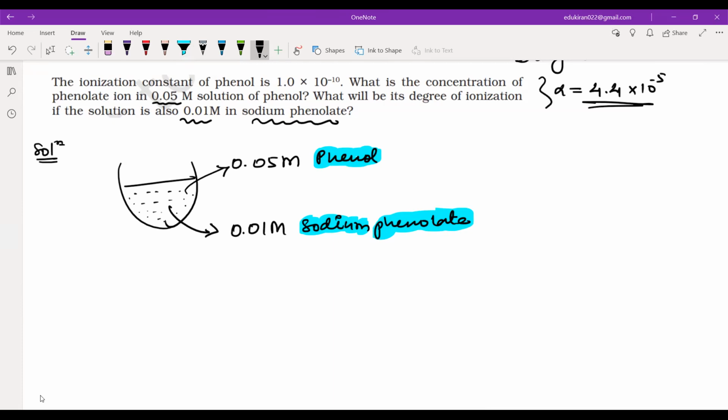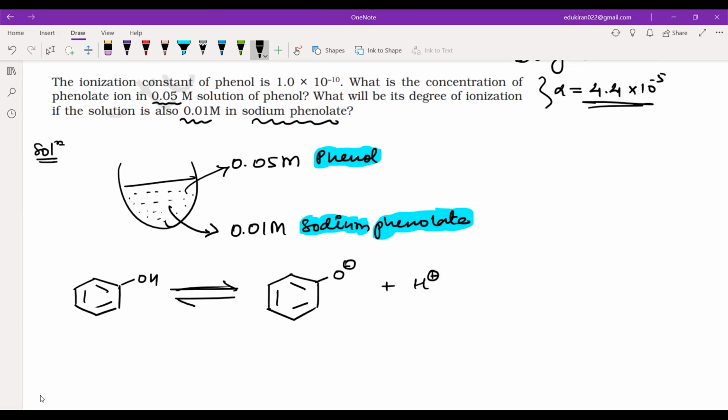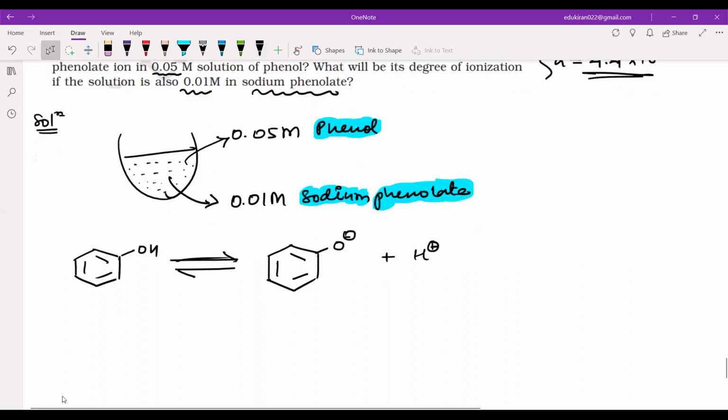So what will happen with phenol? It is going to dissociate into phenolate O negative plus H positive, and the concentration will be C alpha for each.